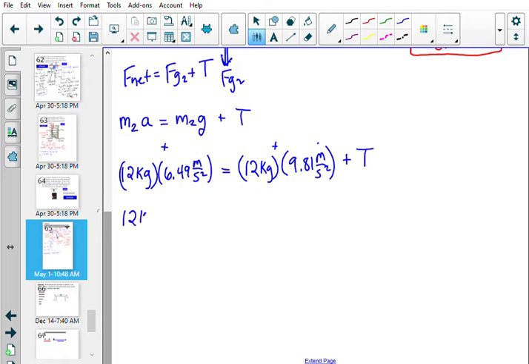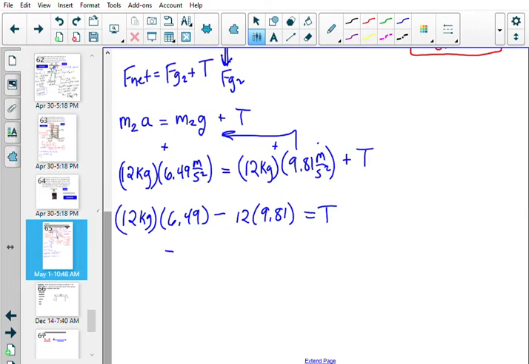So 12 times 6.49 minus 12 times 9.81 equals tension. So we took that to the other side. When we work both of those out, it comes out to a negative 39.84 newtons as tension. That is counterclockwise, which is up the rope. Tension is always towards the pulley or up the rope for your tension direction.